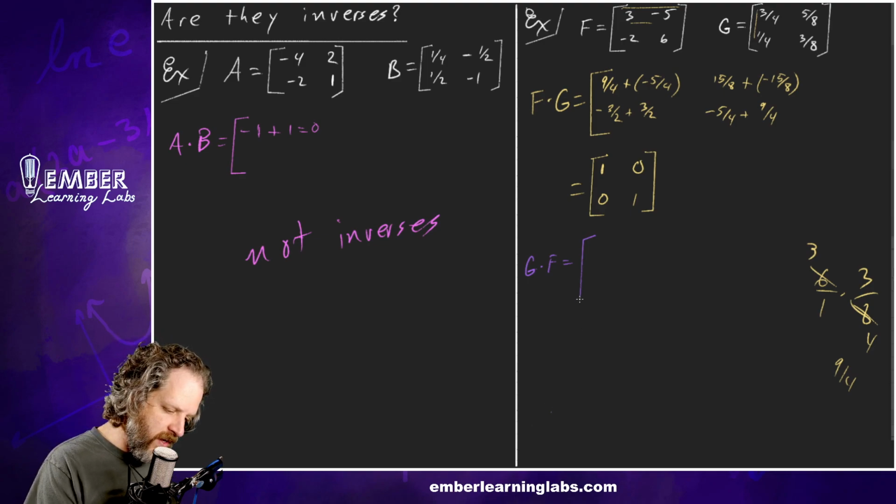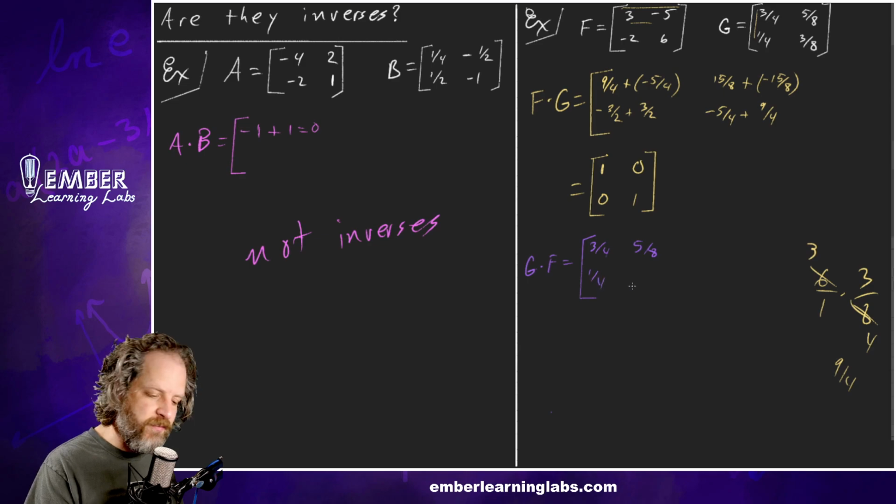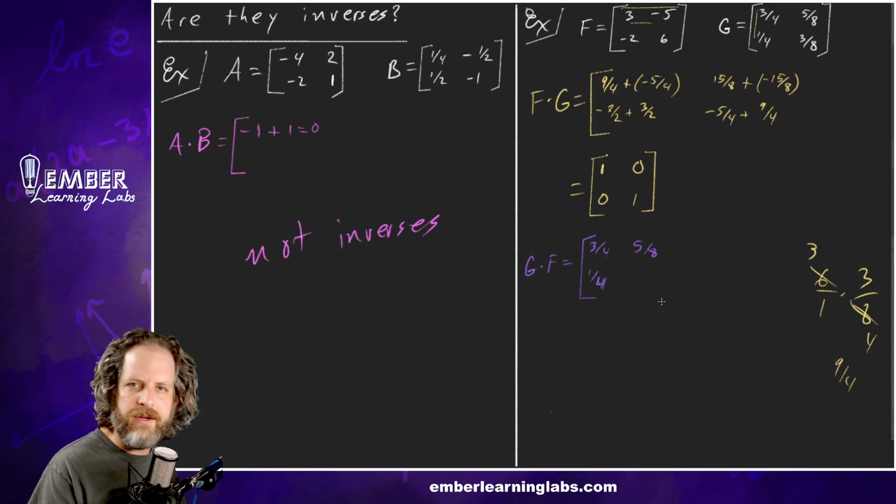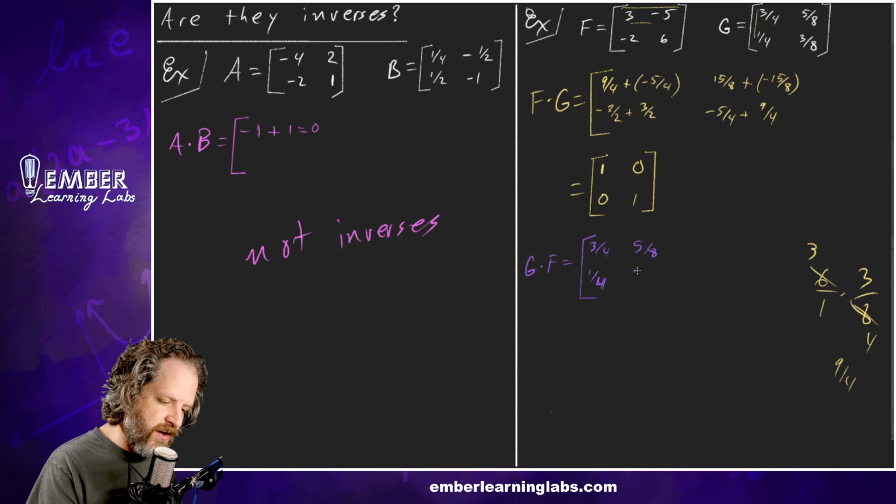So G is 3/4, 5/8, 1/4, and I'm rewriting this one so that I don't have to do it backwards, because that sounds like a recipe for disaster. And then we're doing that times F, which is 3, -5, -2, and 6.